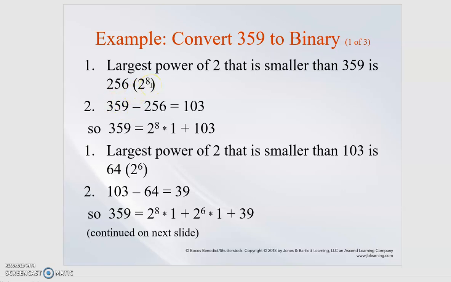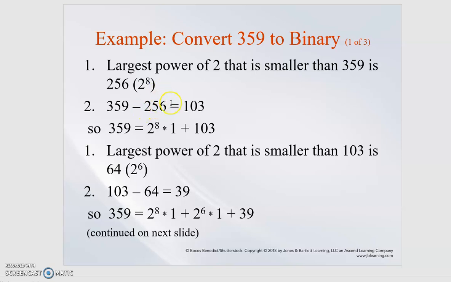So we are just finding the number smaller than 359, represented as a power of 2. To the power of 8 is 256. If you go to the power of 9, it becomes bigger than 359, so we are not going there. We are just taking 2 to the power of 8.